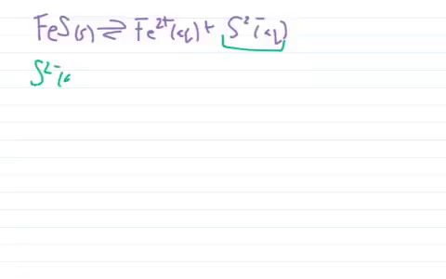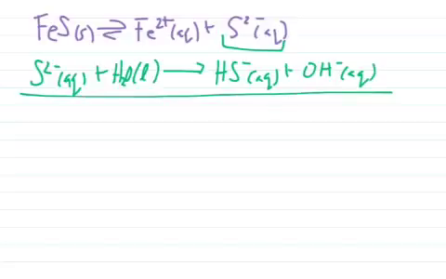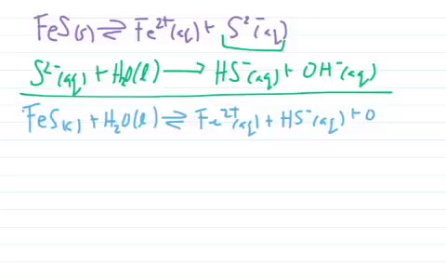S2 minus aqueous plus water, liquid, gives us HS negative aqueous plus hydroxide negative, to give us a full reaction of FeS plus water gives us Fe2 plus aqueous plus HS negative aqueous plus hydroxide aqueous.